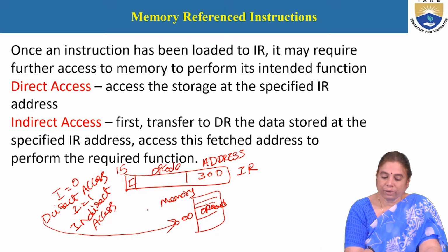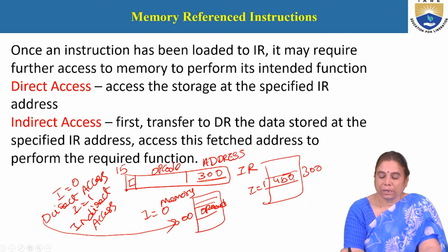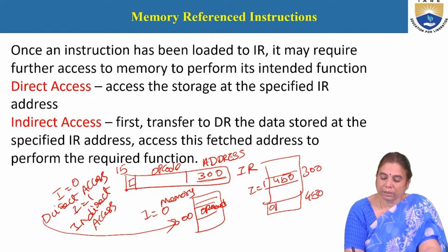In case of indirect access, if the 300 location is specified, at that memory location 300, another location of the memory is specified. Say this is the 450 location of the memory; at this location, the operand is available.